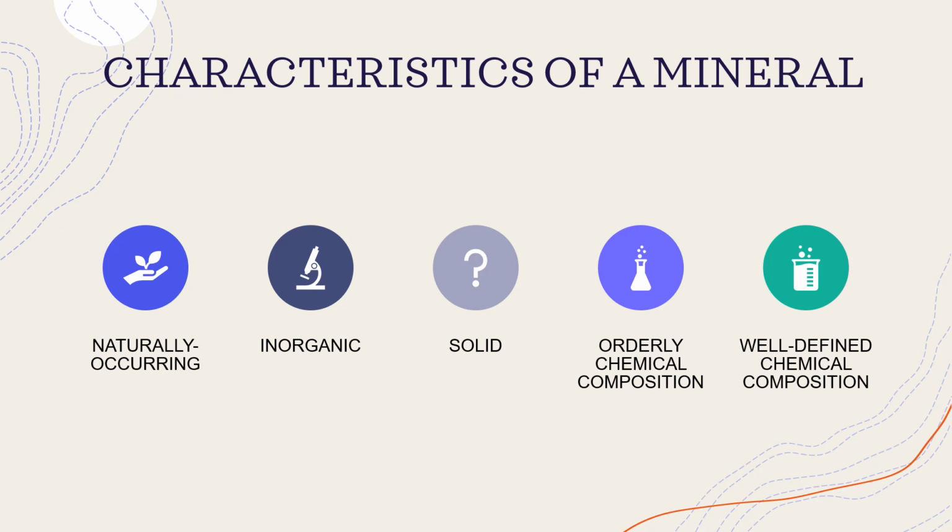These characteristics must be satisfied by an object for it to be considered a mineral. Take note as well that a rock is an aggregate of one or more minerals. For example, coal is a sedimentary rock and it is composed of carbon.